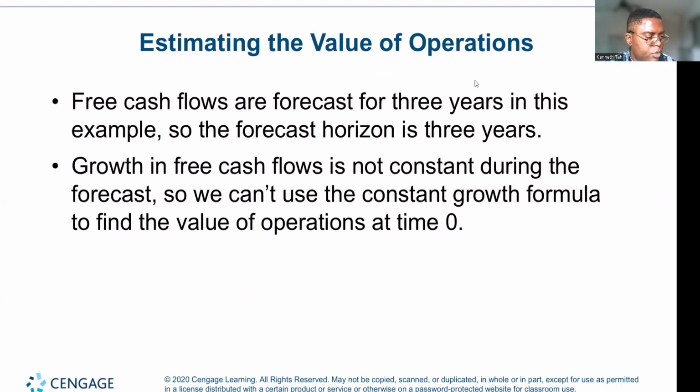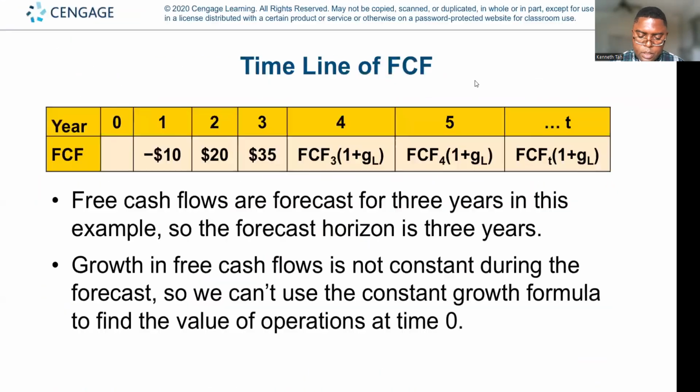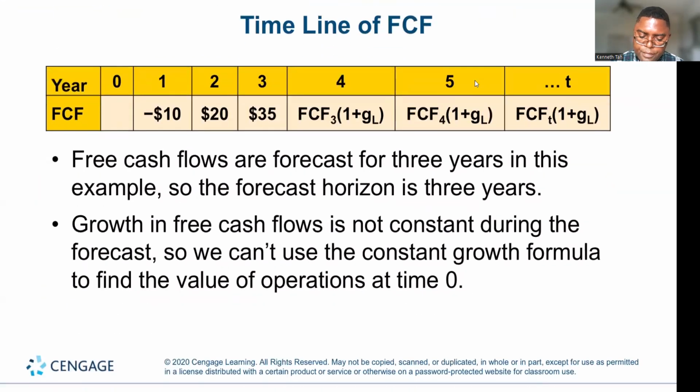So we can do a forecast of this free cash flow, and then we can see that the growth in free cash flow is not constant during the forecast period. And then we can easily calculate the value of the company for the time for which the growth rate is constant. So this is the timeline of the free cash flow. Again, for the first 3 years, free cash flow is non-constant: negative 10 million, 20 million, 35 million.